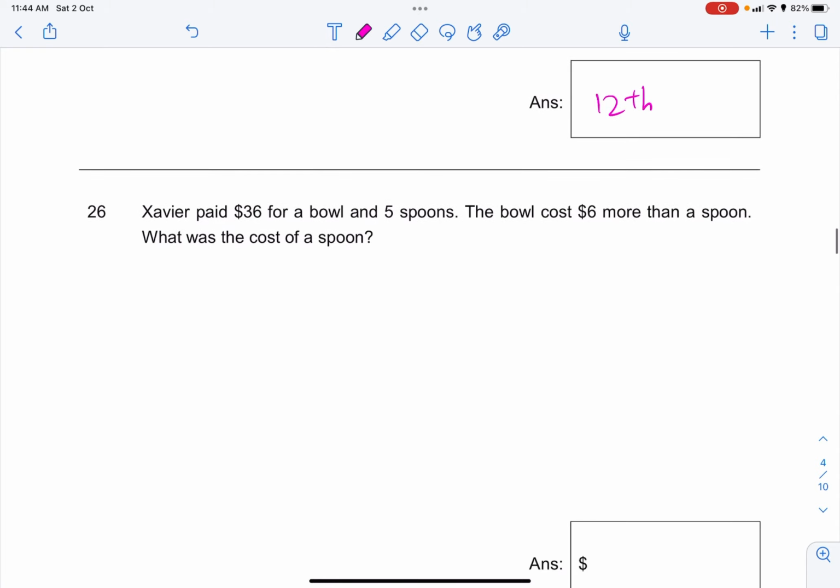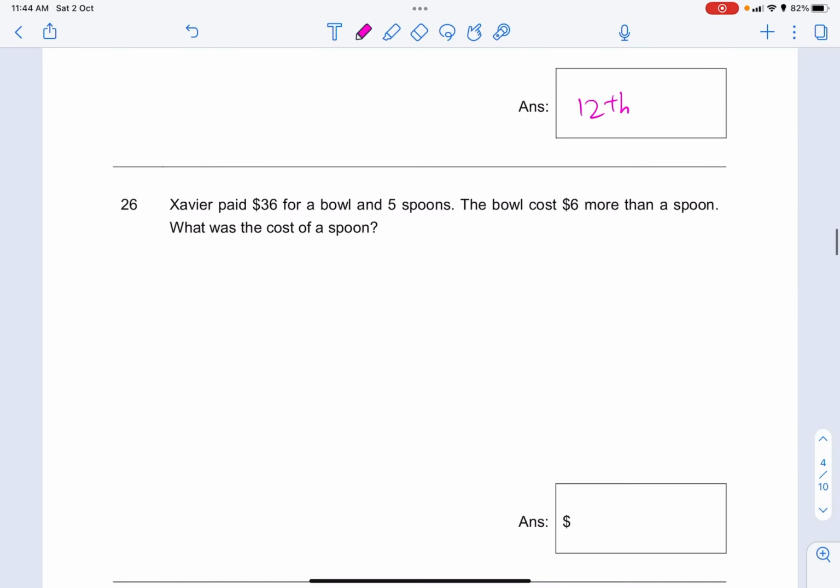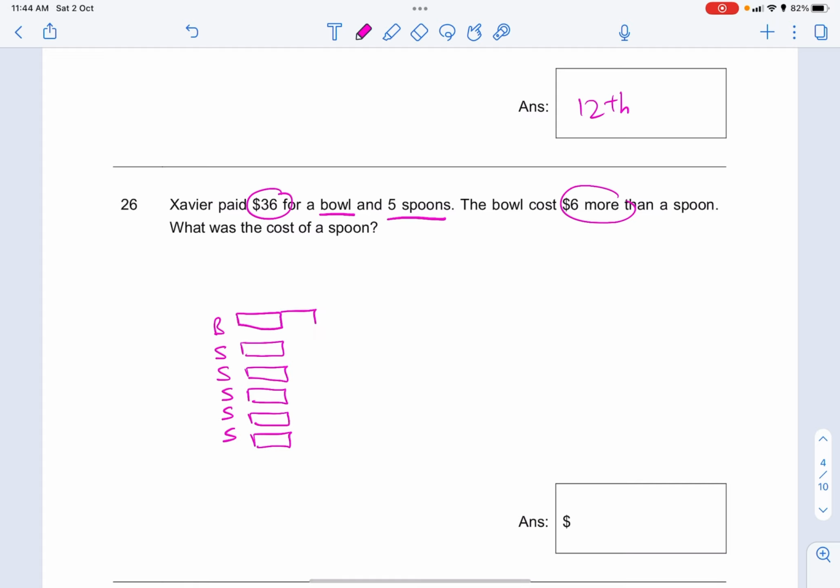Last question for the first section, before we go for a little break. Xavier buys 1 bowl and 5 spoons, and he's going to pay $36 for everything. Okay, so we have a bowl and 5 spoons. So each spoon is 1 unit. And each bowl is $6 more than a spoon. So 1 unit here, plus an extra $6. Everything costs $36.